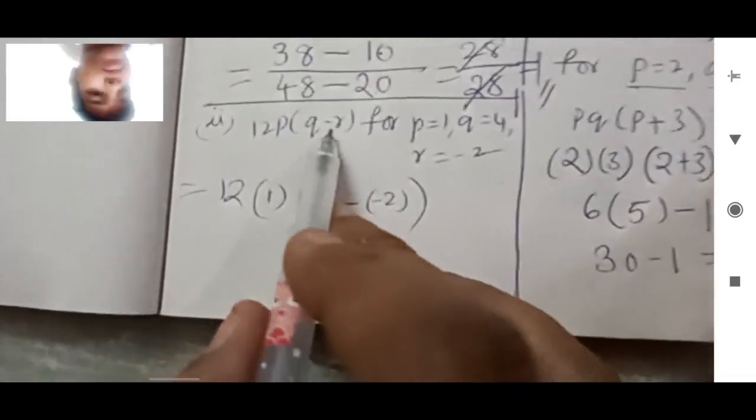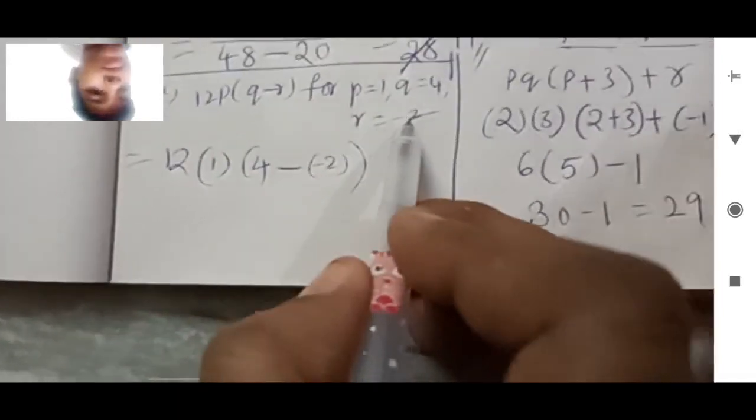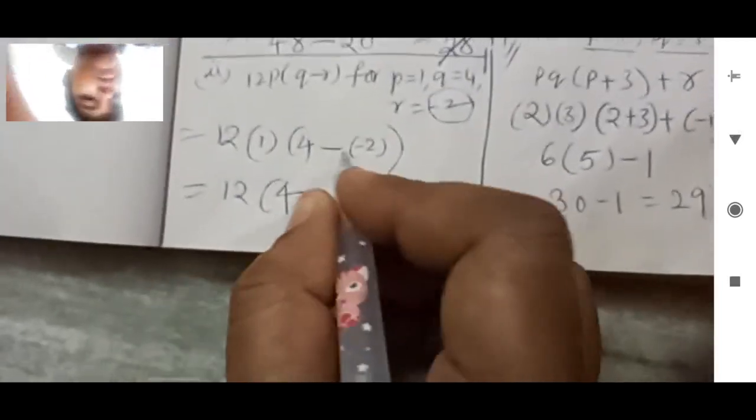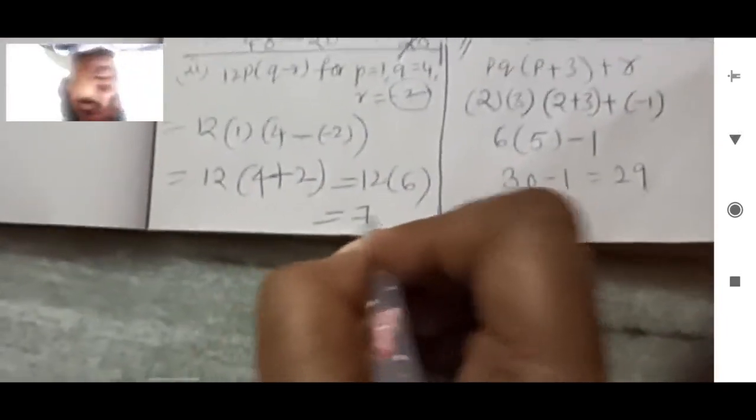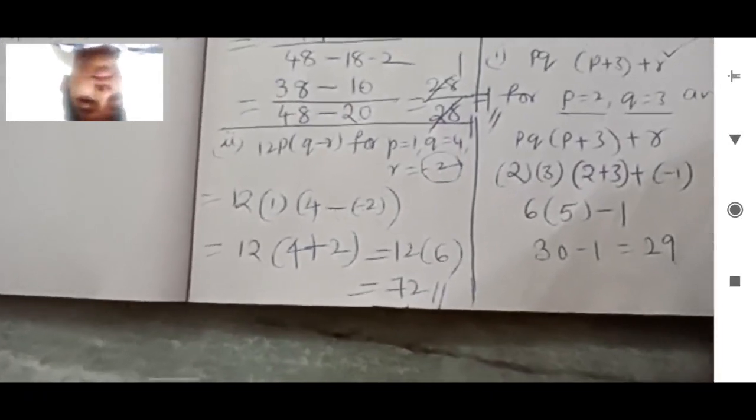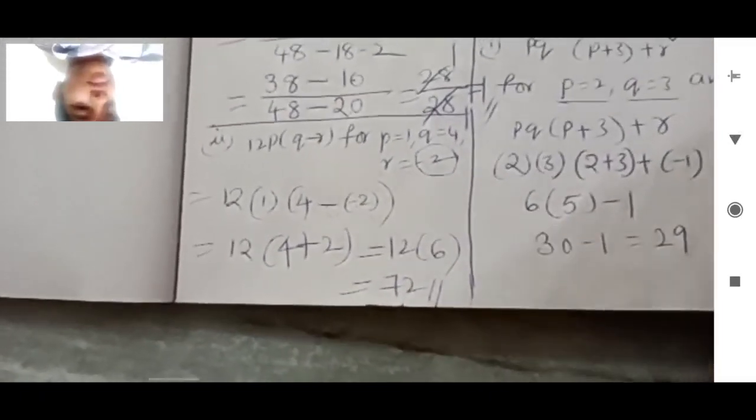The minus is here, and again R value is -2, so 2 times we have to take minus. Okay? So 12 into 1, 12. 4 minus into minus is plus. 4 plus 2. So 12 into 6. 12 6s are 72 is the answer. Don't get confused. Do these problems carefully. Very easy substitution. In entire algebra, substitution is the most important thing.